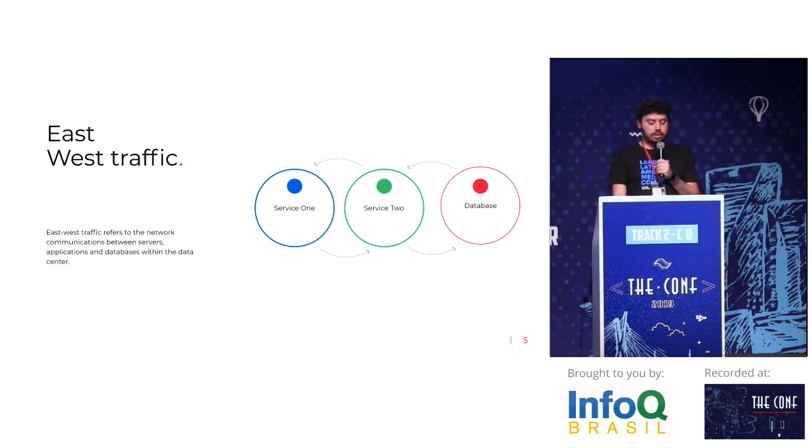Looking at an example, I have my service 1, and I can have a service 2, and I do a communication between service 1 and service 2. I can have a database too, and I can communicate with this database, and the communication goes from the left to the right, and from the right to the left, in a horizontal way. This is our east-west traffic inside a data center.